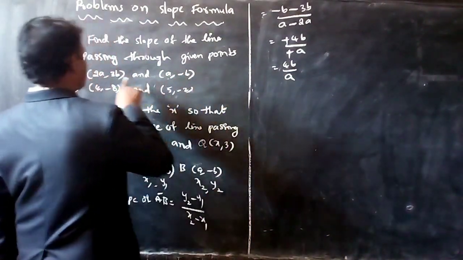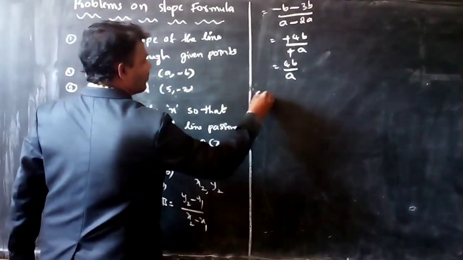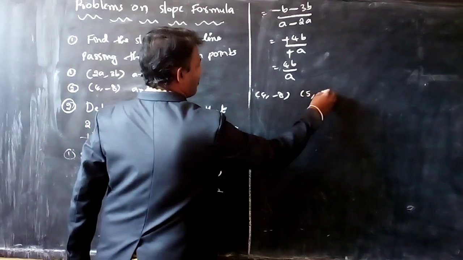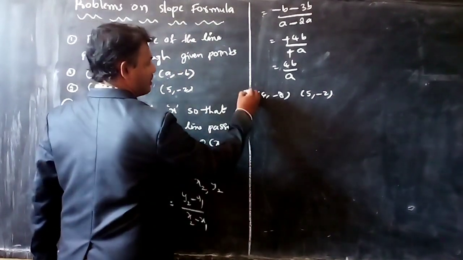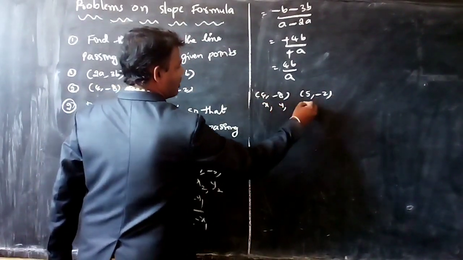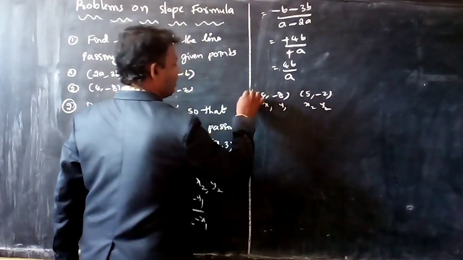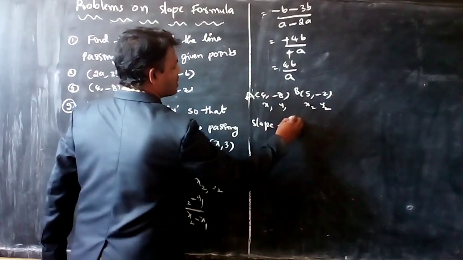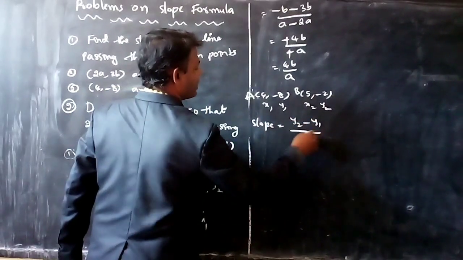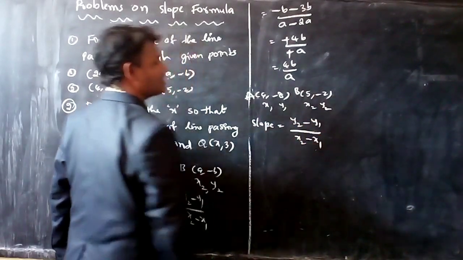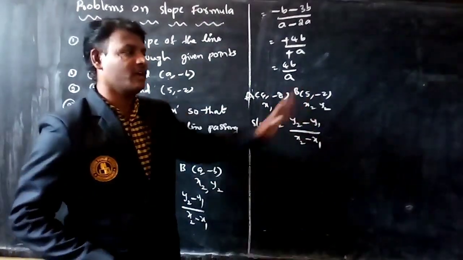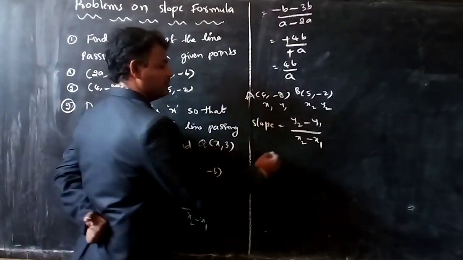What about the second pair? The coordinates (4, minus 8) and (5, minus 2). Take these as (x1, y1) and (x2, y2). What is the formula? Slope is equal to (y2 minus y1) by (x2 minus x1).